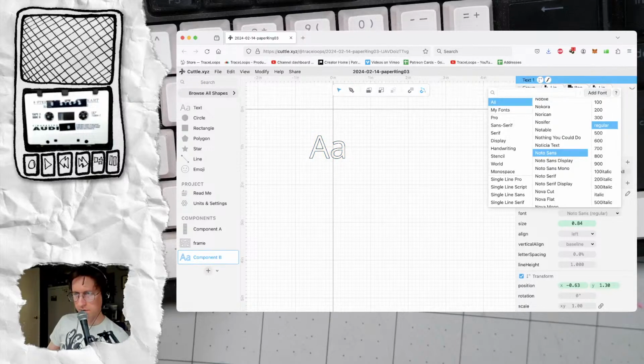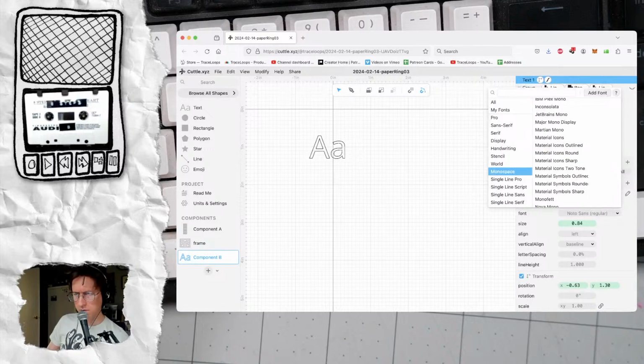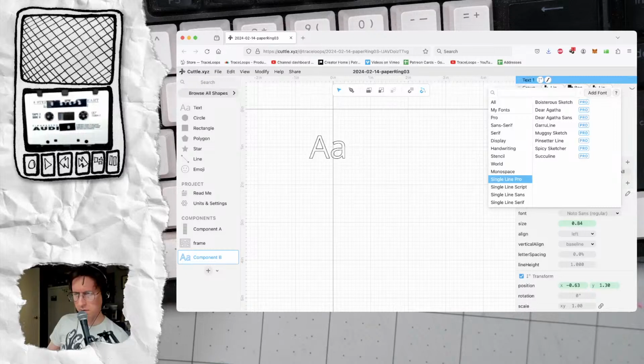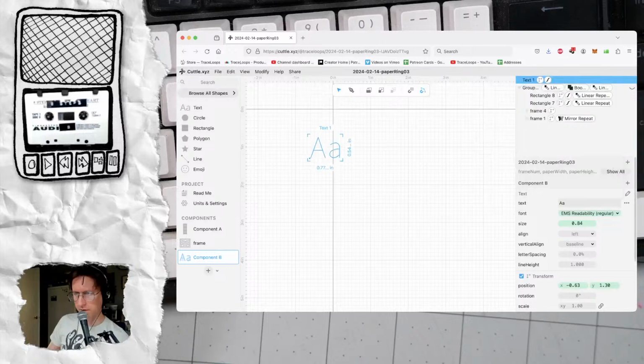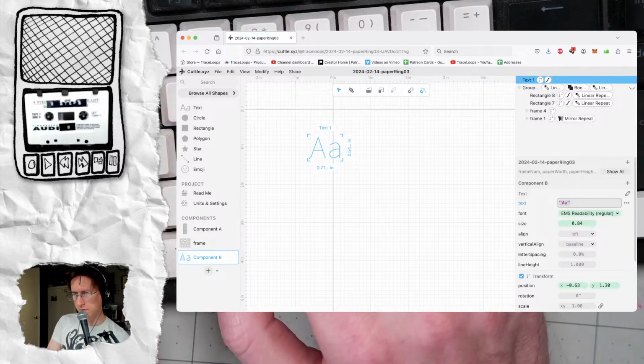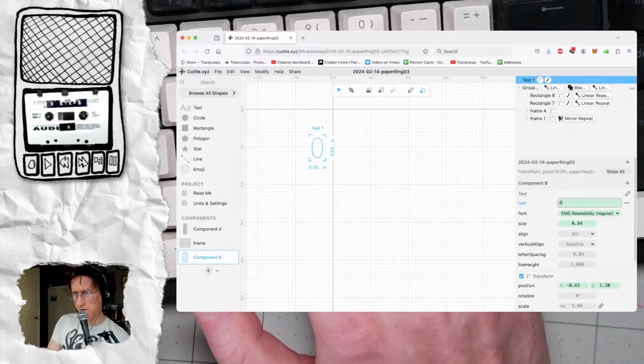Now I'm looking for single line sans readability. Okay, and edit expression. This is just going to be 1.